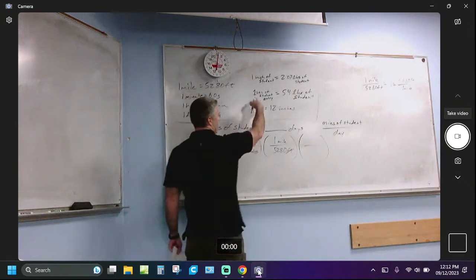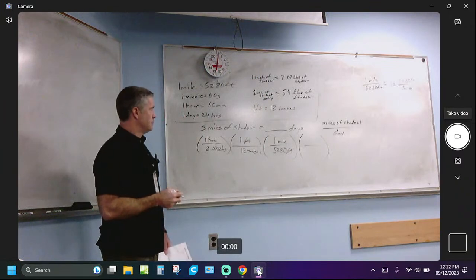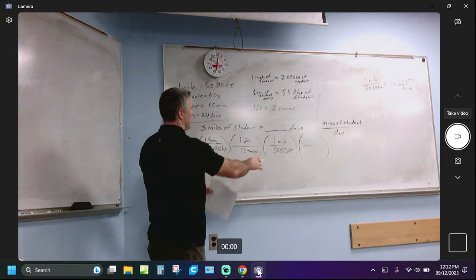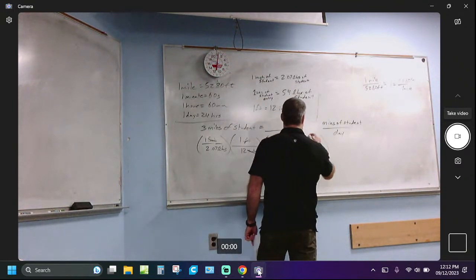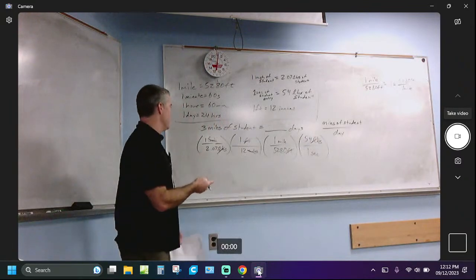So do I multiply by 1 over 54 or 54 over 1? Right. Since I want to have seconds on the bottom, I put this one on the bottom. 1 second is 54 pounds. Pounds cancel out, and I've got miles per second.